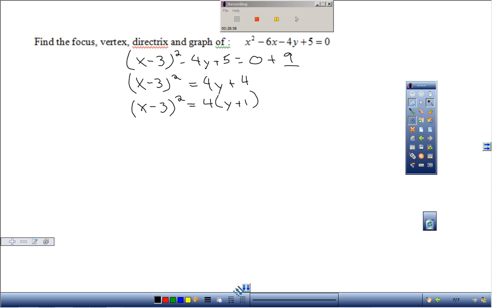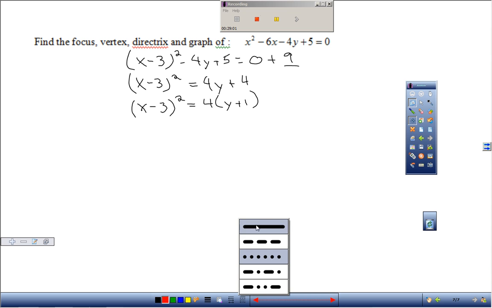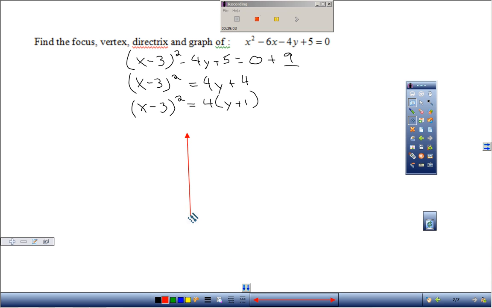If I were to graph this one, you don't have to graph it because all it asks you for is the focus, the vertex, and the directrix. Since this is an x squared parabola, it's an up-down parabola, and it's right side up since this number is positive.